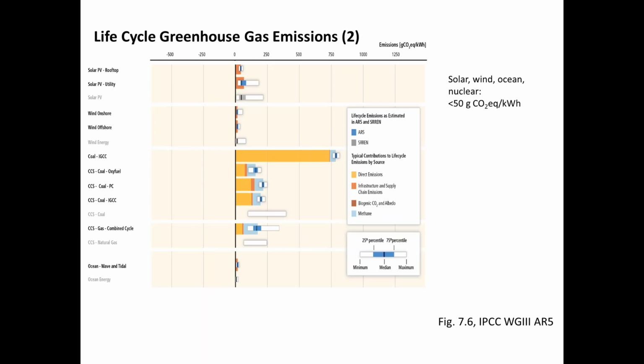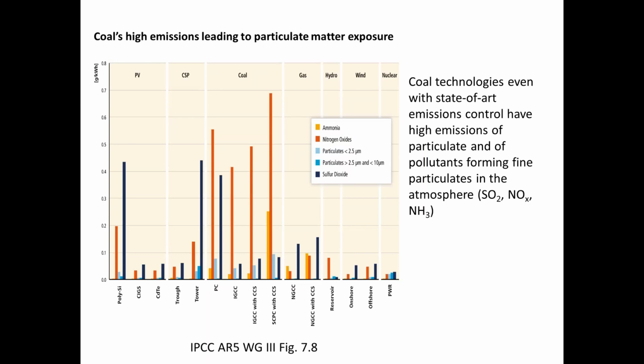Life cycle assessment, however, has not been used systematically to look at the issue of co-benefits and adverse side effects of the technologies, except for this one attempt, also in the IPCC, where individual emissions of pollutants are quantified from the different power technologies. And here we can see that various different gases are emitted at higher rates from the coal and gas technologies than from wind power, solar power or nuclear power.